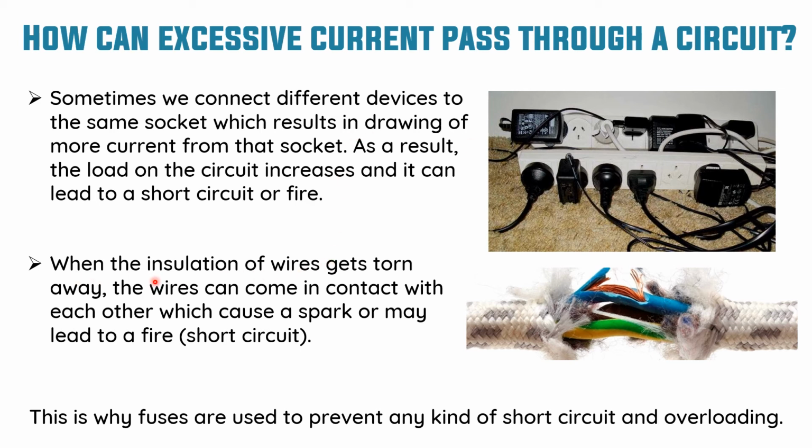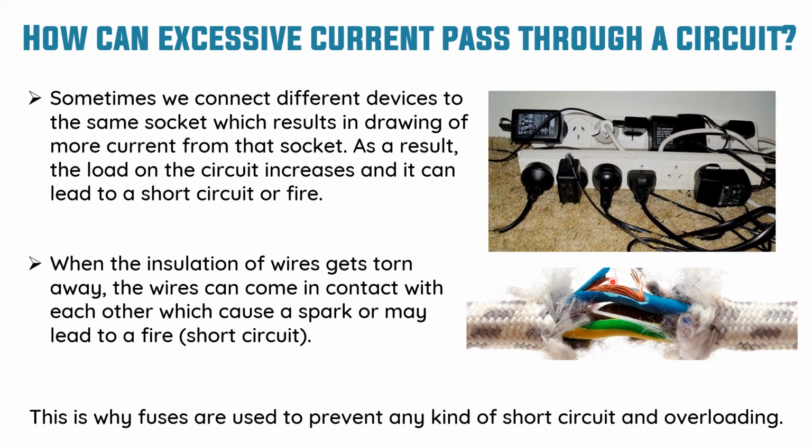The next reason is when the insulation of wires gets torn away. Here you can see this is the insulation and this is the metal wire. Through this copper wire, electricity passes, and for our safety, this metal is covered by insulators.